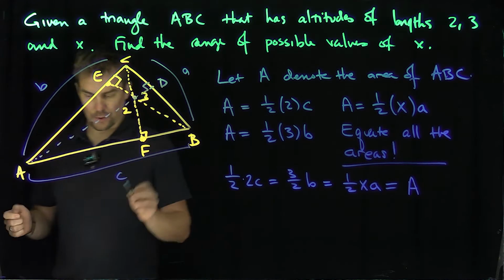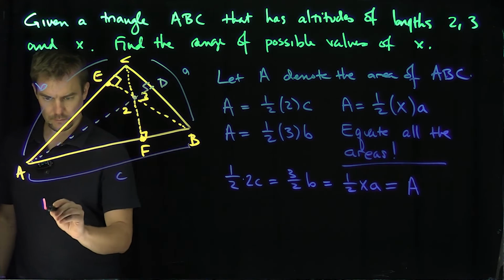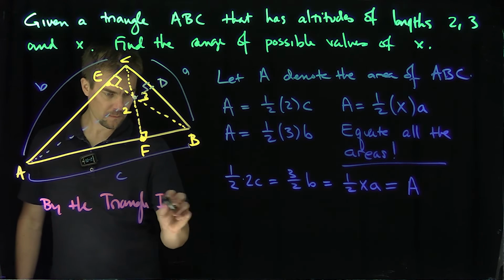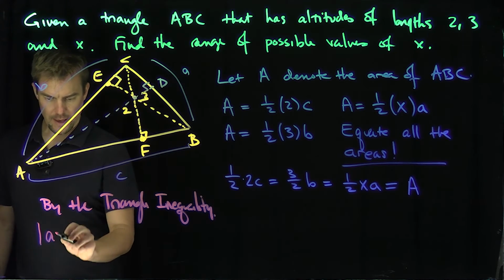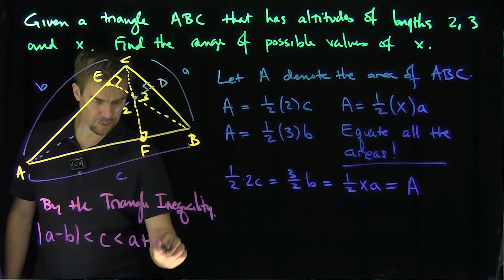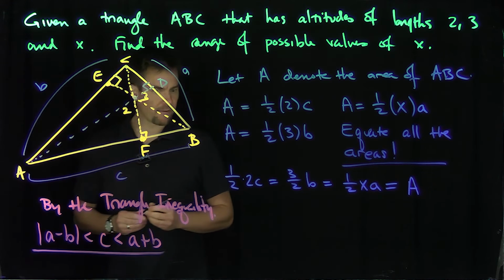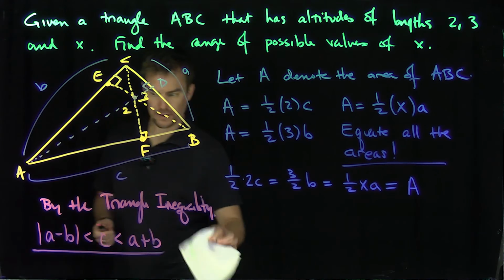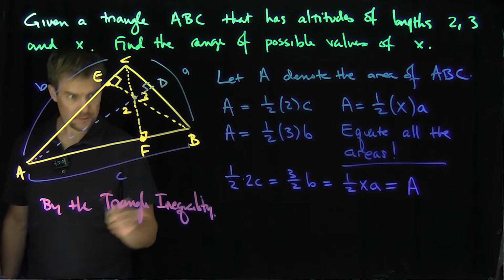Now the next thing we're going to do is use the triangle inequality. By the triangle inequality, we have A minus B is less than C, and C is less than A plus B. And now I want to relate that to x, so I need to have the side A in the middle.